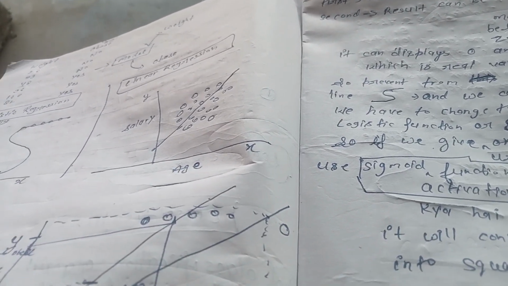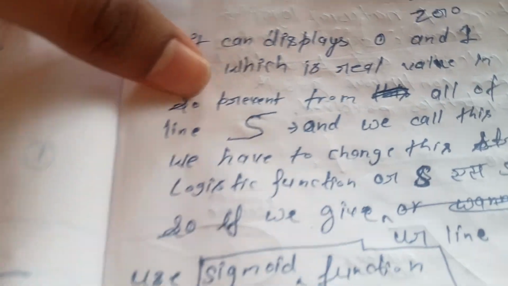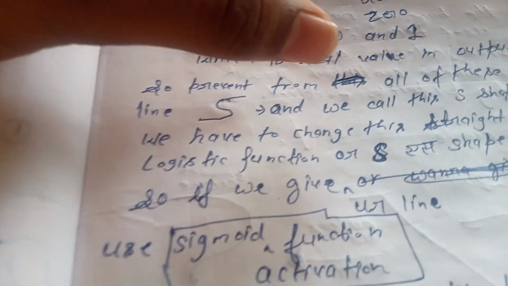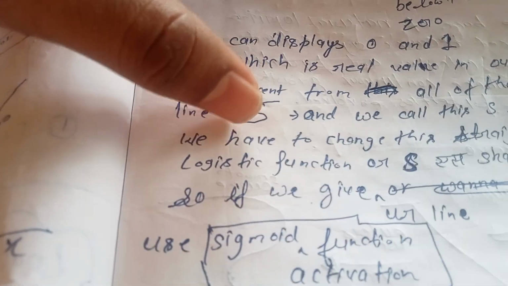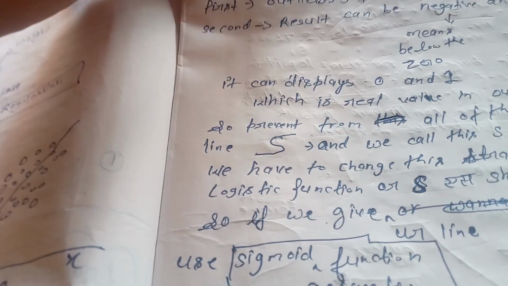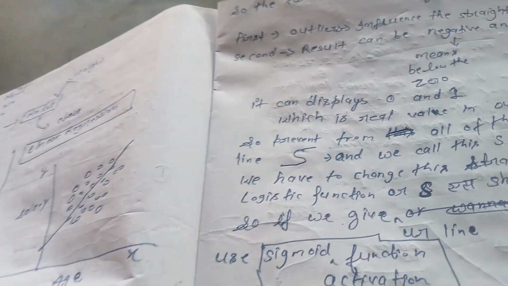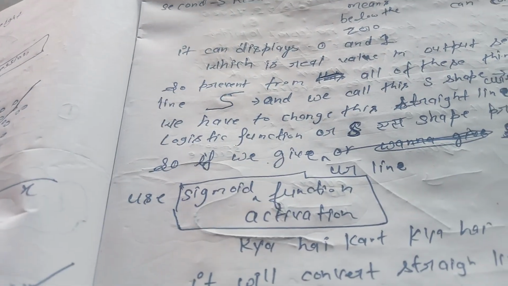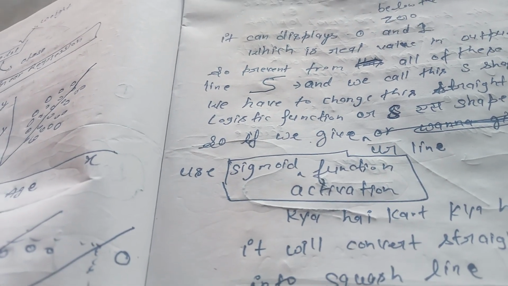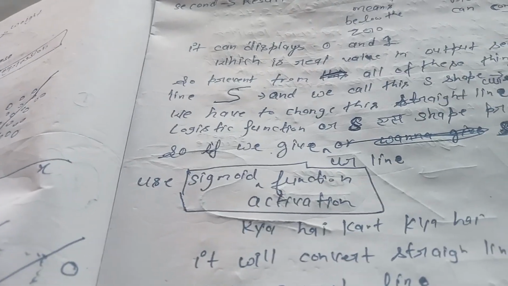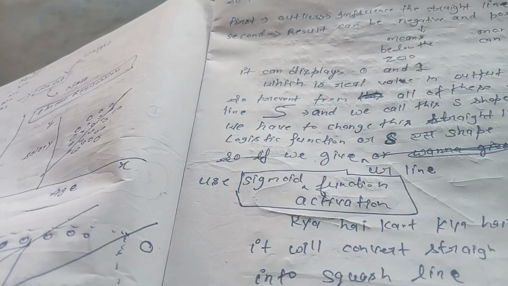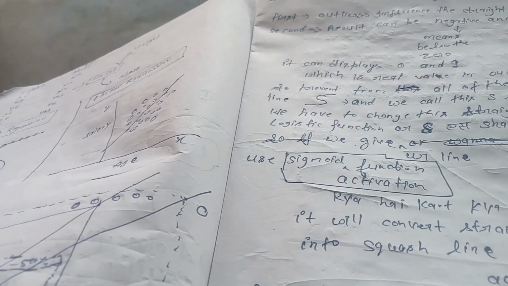Okay, so here you can see, again we can understand. To prevent all of these things, we squeeze the line, and we will call it S shape or logistic function. We have to change the straight line and make it a logistic function or S shape. And if we give your line S shape, we have to use a sigmoid function.